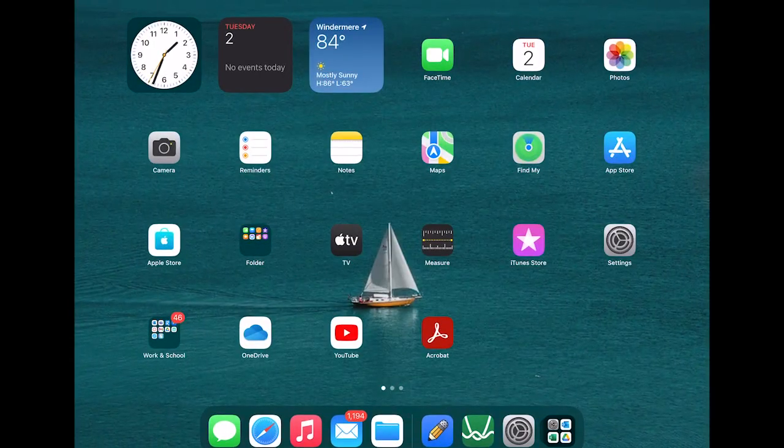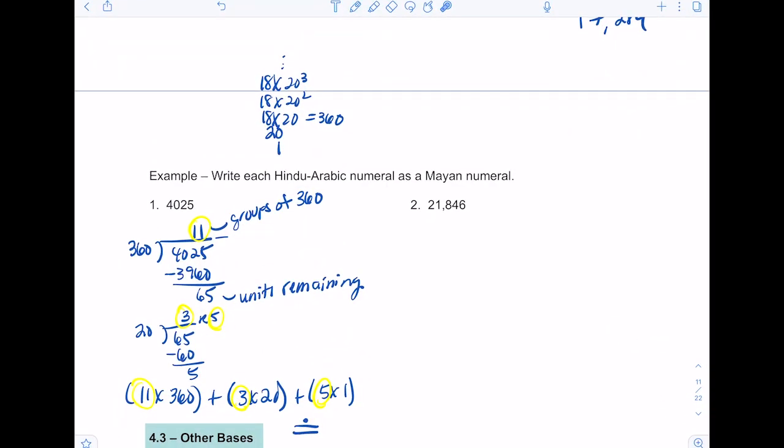So we're just dividing 21,846 by 7,200, which remember is 18 times 20 squared. Okay, so that's the highest that's going to go.